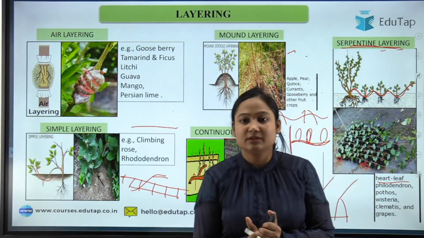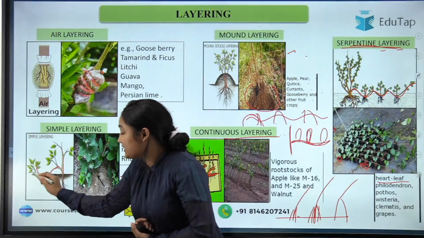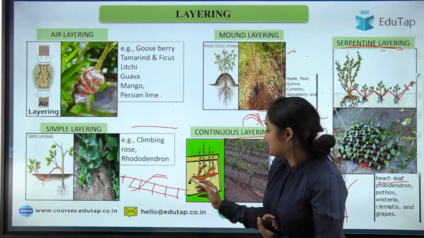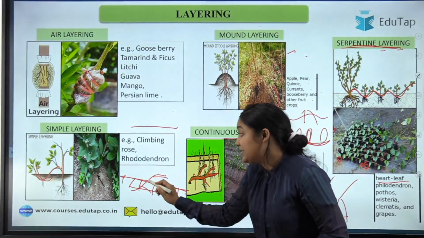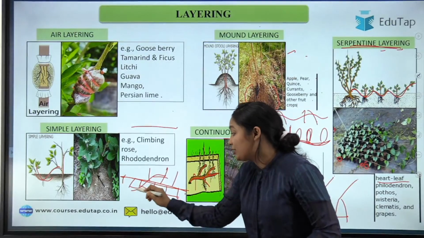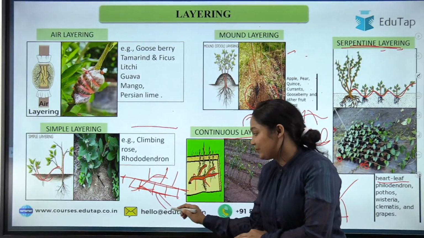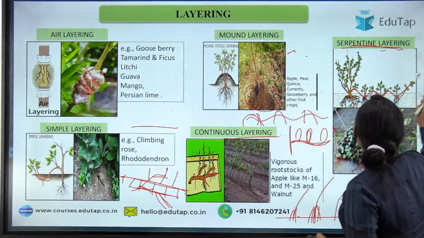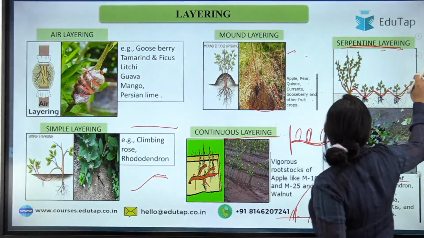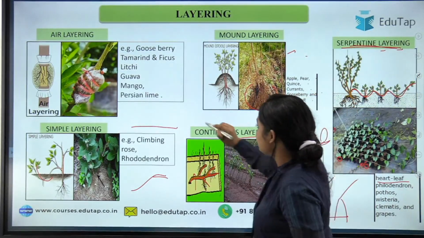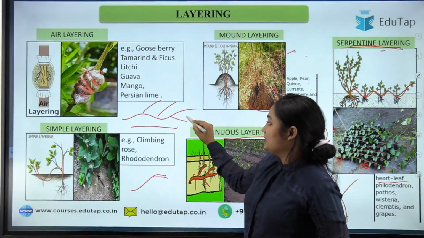Ma'am, simple layering. Simple layering, what happens? See, one branch can give one plant, and in continuous layering, what is happening? The similar branch you are putting under the soil will grow more than one plant. Let me clarify. So suppose this is your branch. Now in this branch there are more than one sub branches.